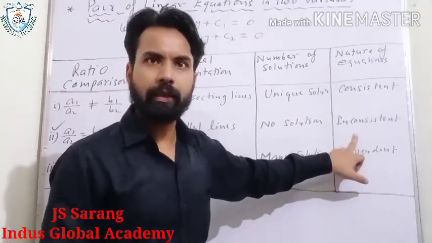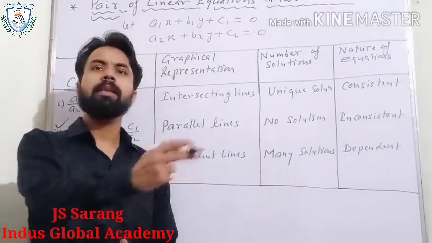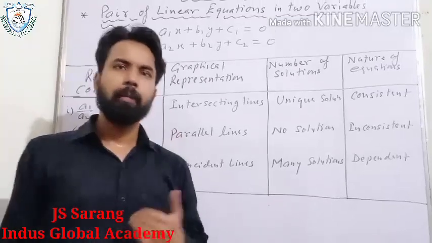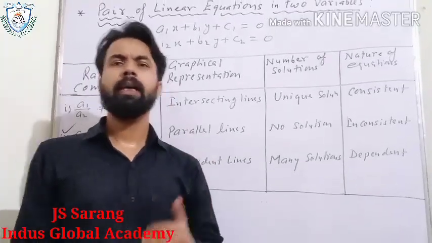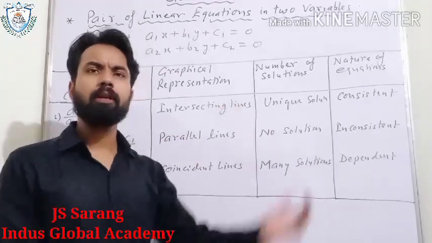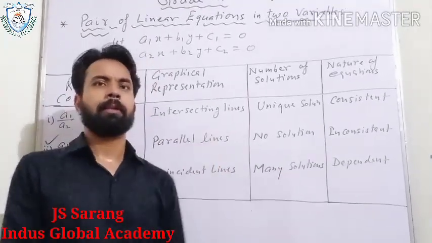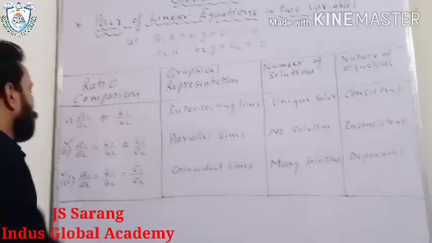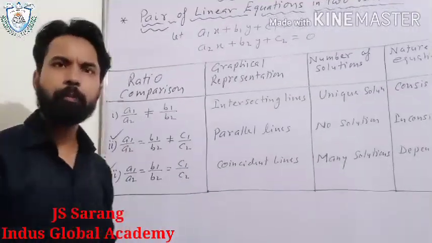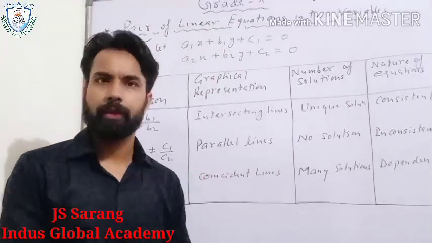Is it clear? So if a1 upon a2 is equal to b1 upon b2 is not equal to c1 upon c2, then the lines will be parallel and they have no solution, and if they have no solution, then the nature of equation will be inconsistent. The third law is if a1 upon a2 equals b1 upon b2 equals c1 upon c2.